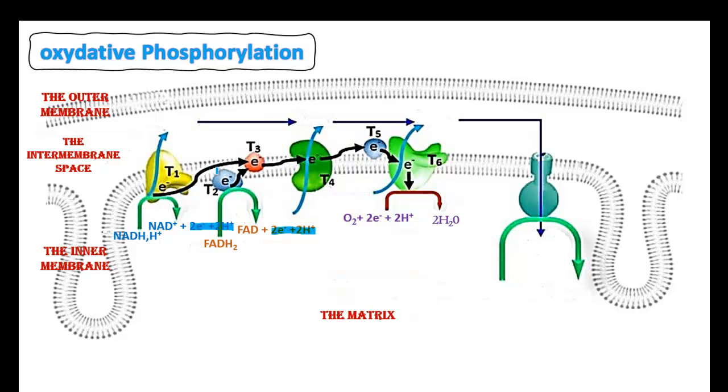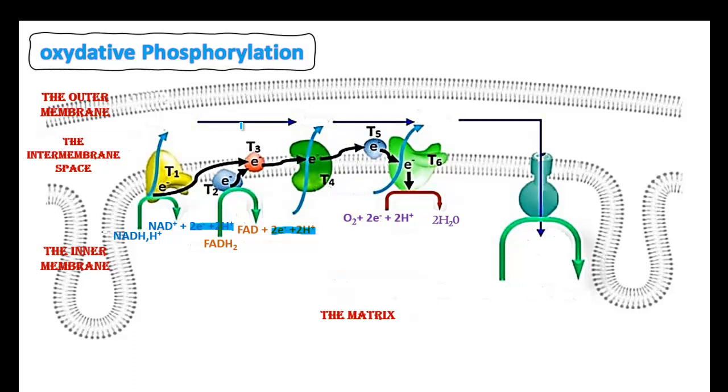Now this electron flow through these proteins is going to release energy, and the energy released is going to be used to pump the protons from the matrix into the intermembrane space. How? This is what we call active transport.